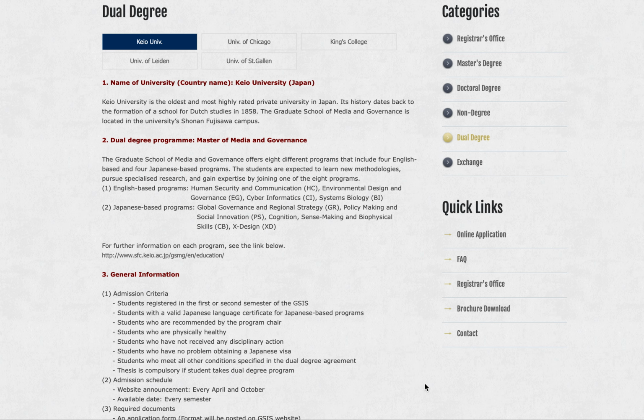Now I'm a student in Yonsei University's Graduate School of International Studies, so I will show you how to apply for Keio's dual degree program from there. I will use the abbreviation GSIS in my following explanation.